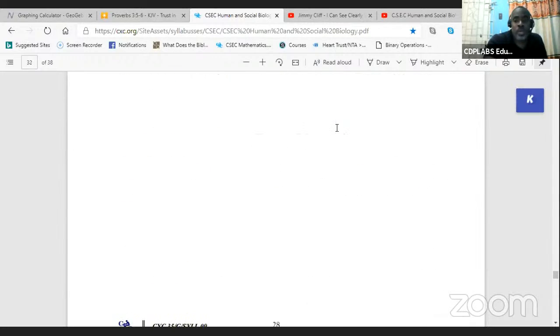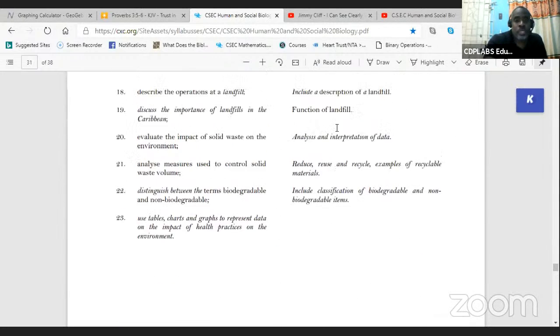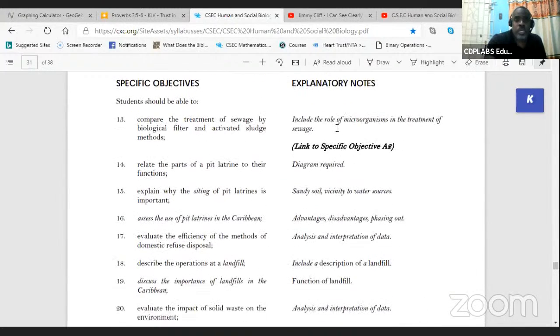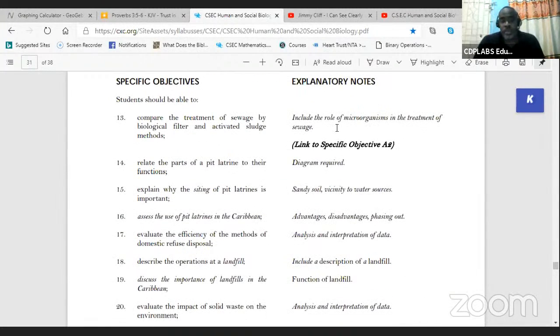You have to read the objectives for yourselves as well, and build your presentation around the objectives. That's the final part of the preparation. Every objective in the syllabus, you have to present on it, and that will secure your grade 1.